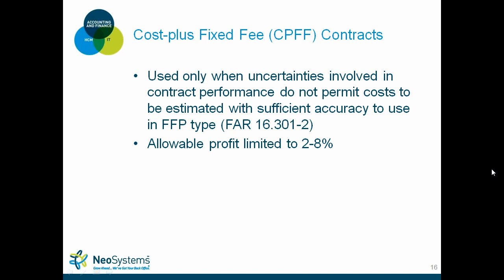Okay, so next one we'll get into is cost plus fixed fee type contracts. Used only when uncertainties involved in contract performance do not permit costs to be estimated with sufficient accuracy to use other types. Basically, the government has a significant amount of work to be done, but they can't really distinguish how much it's going to cost.